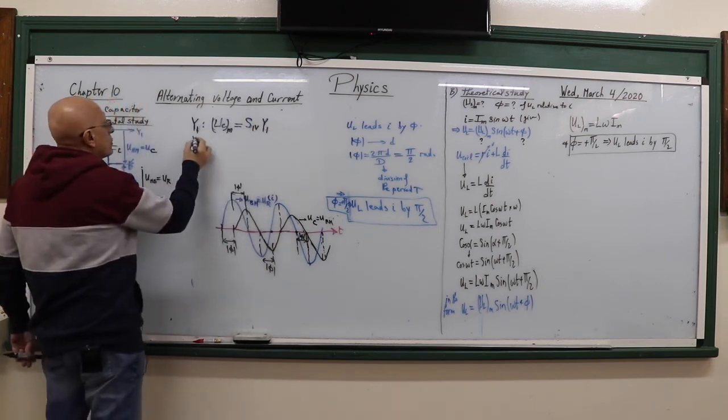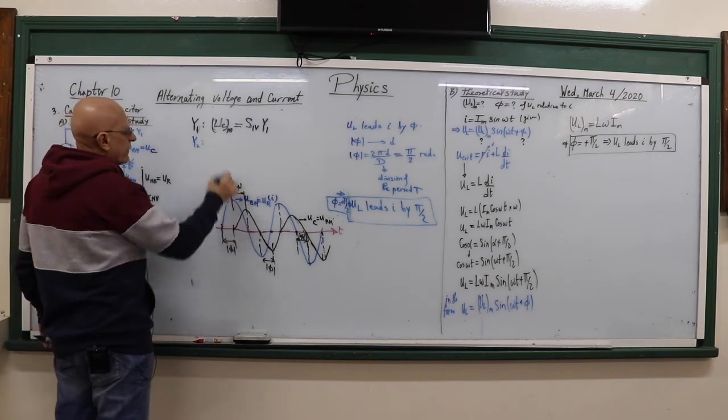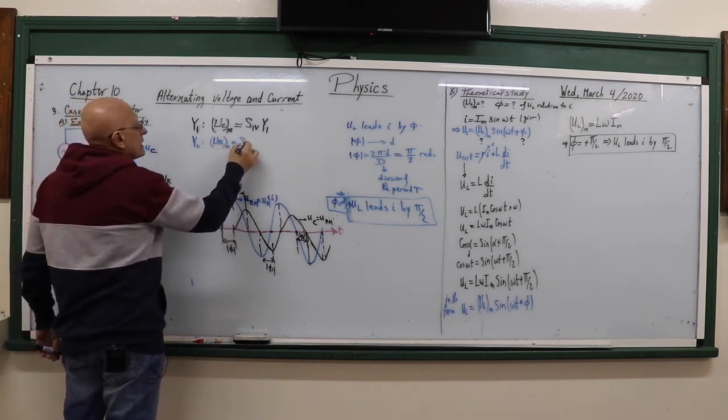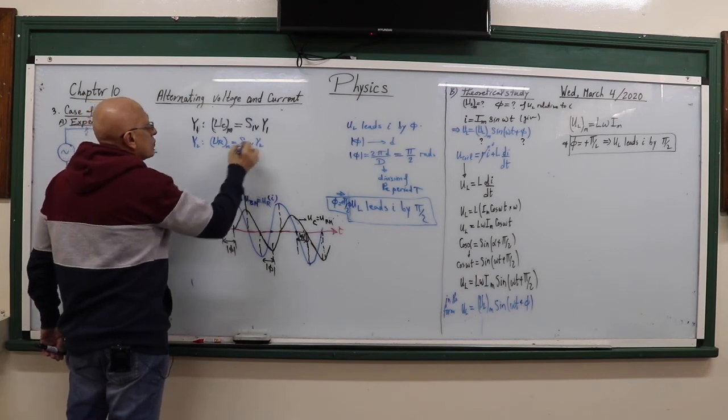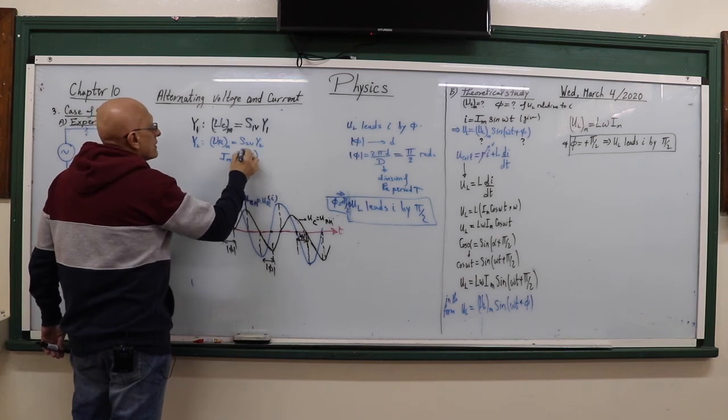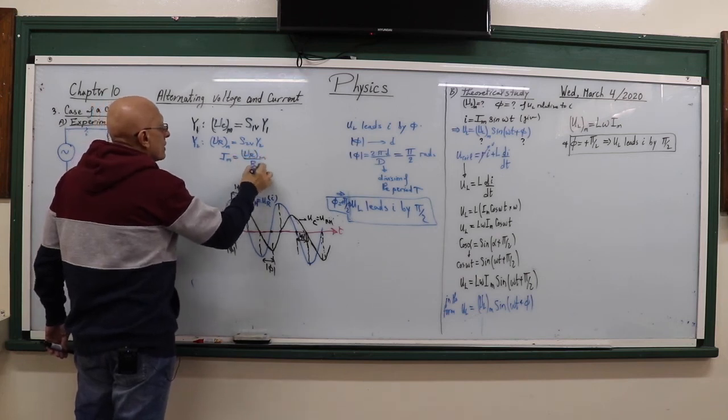On channel 2, you can find UR maximum, which is equal to S2V times Y2, from which you find IM equal to UR maximum over R.